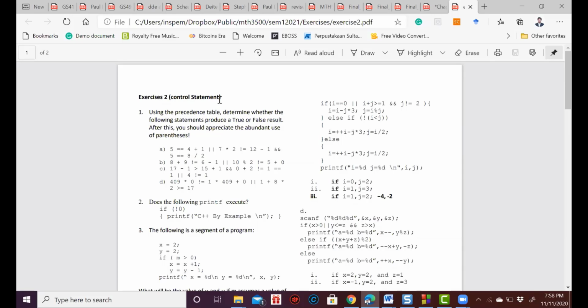Okay, so before we start, maybe in your computer, siapa yang ada compiler depan ni, cuba run number 1.